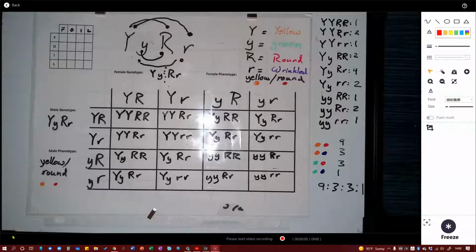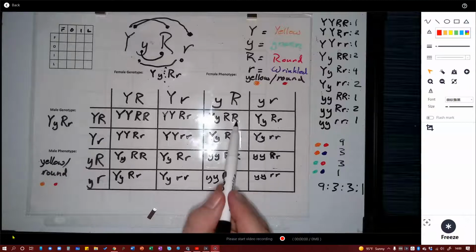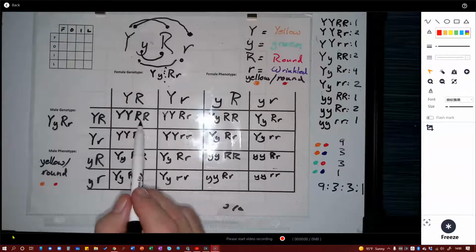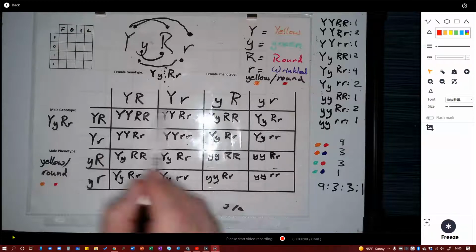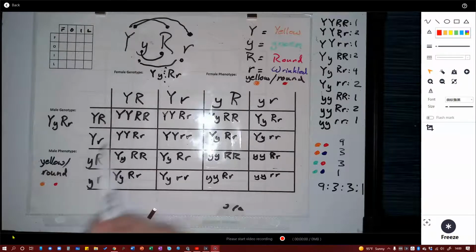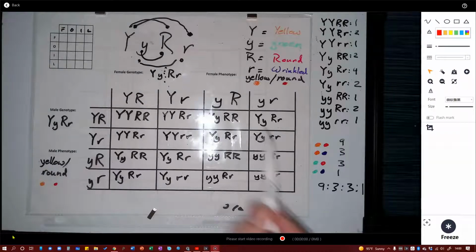Okay, now that I've filled it in, you can see all the different combinations that the fertilized egg would have after combination of each of these individual gametes, right? These are all the possible combinations, and we'll notice that some of them repeat.